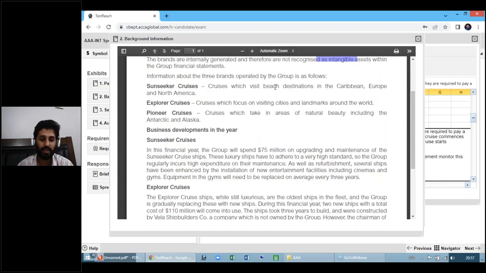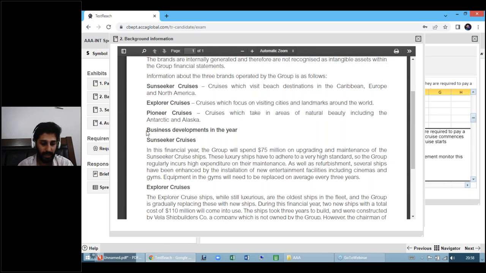Sunseeker Cruise, which visits beach destinations in the Caribbean, Europe and North America. Explorer Cruise, which focuses on visiting cities and landmarks around the world. Pioneer Cruises, which takes in areas of natural beauty including Antarctic and Alaska.